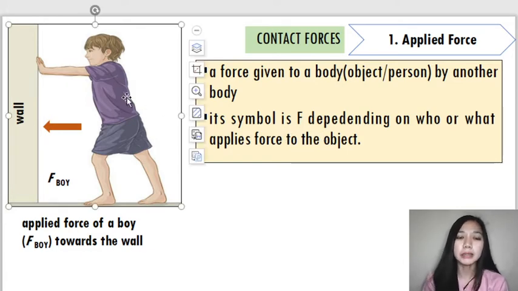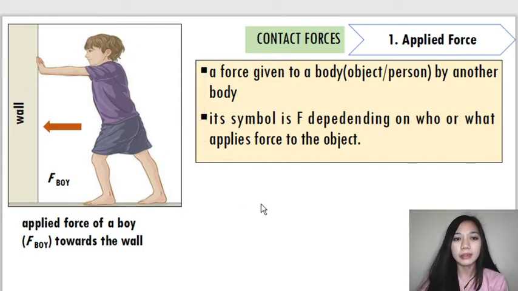For example, in this picture, we have two bodies or two objects. We have a boy and we have a wall. And this is an example of a contact force because nagkaroon ng physical interaction yung wall at saka yung boy. Now, sino yung mag-a-apply ng applied force? Is it the wall or the boy? The answer will be the boy.